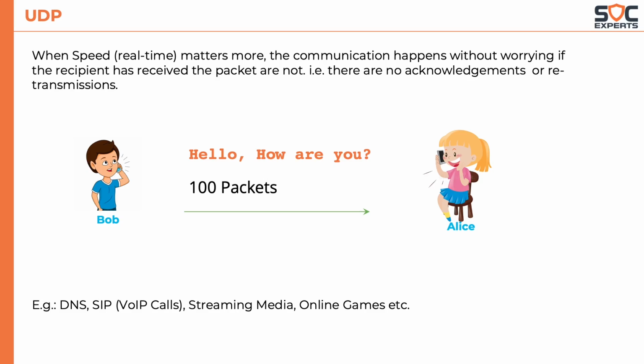Even if there are a few packets dropped, there will be a slight glitch in the call, which is acceptable rather than waiting for all the packets to arrive at the destination and then rearranged in the right order before Alice could hear the message. In that case, it does not sound real time. So, in streaming media, VoIP calls, and online games, UDP is heavily used.